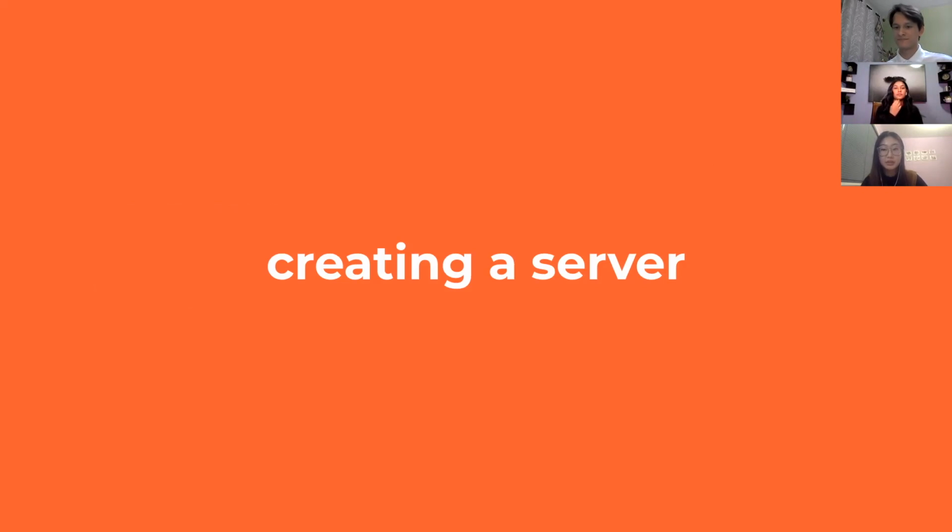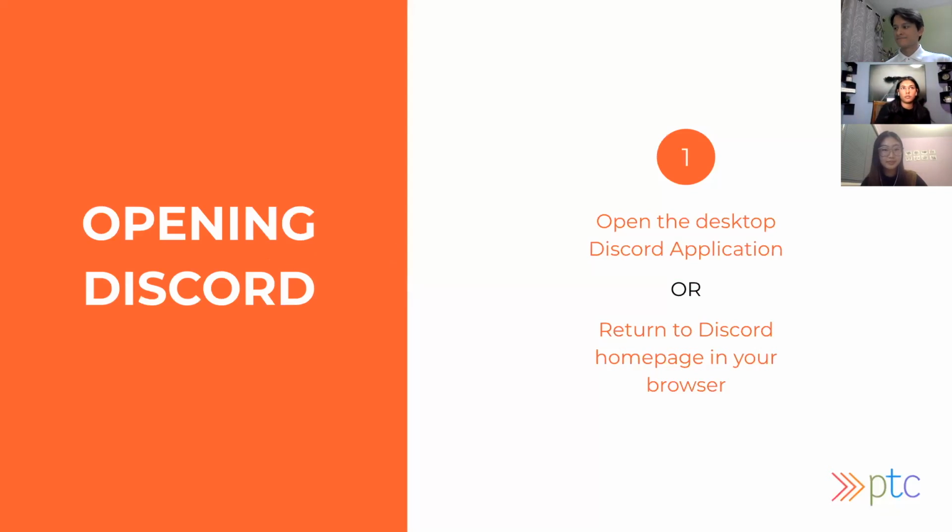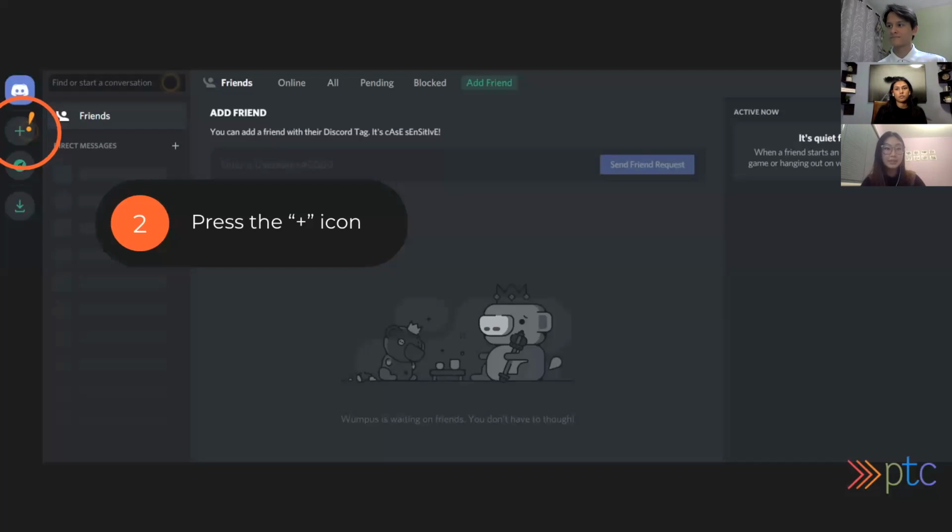However, for those of you who may just want to use your own server or still want to learn how to do so, these next few slides are for you. You can create a server by either opening the desktop Discord application that you downloaded earlier or returning to the Discord homepage in your browser. Press the plus icon indicated by the exclamation mark as shown in the picture to create a server.